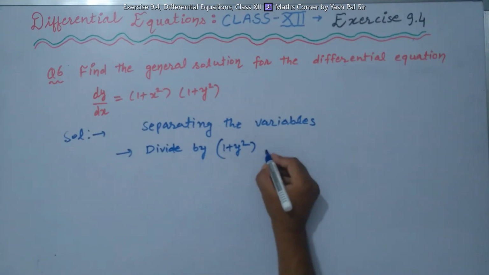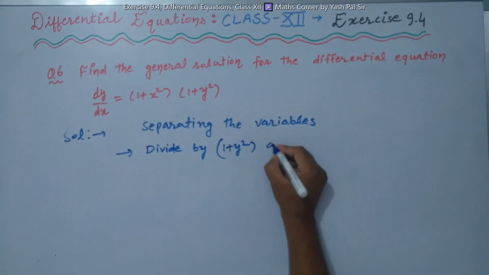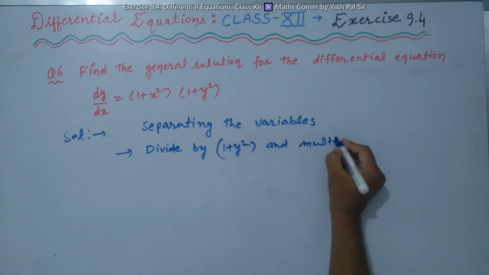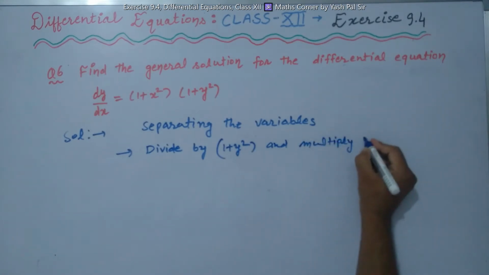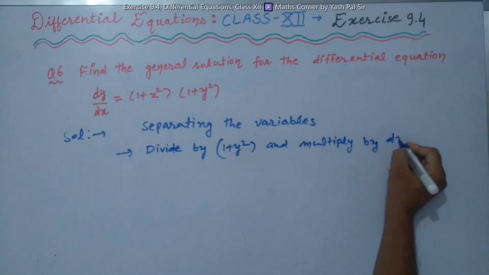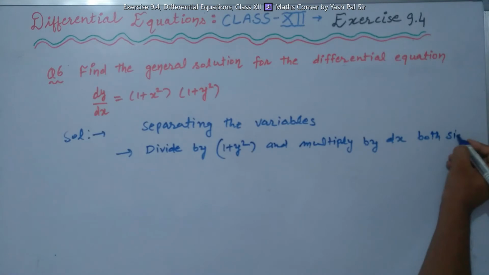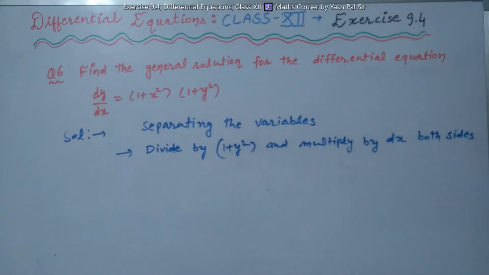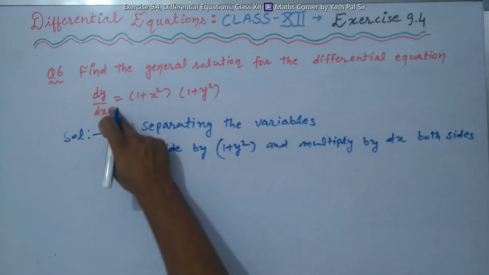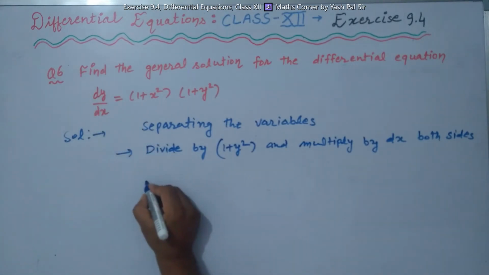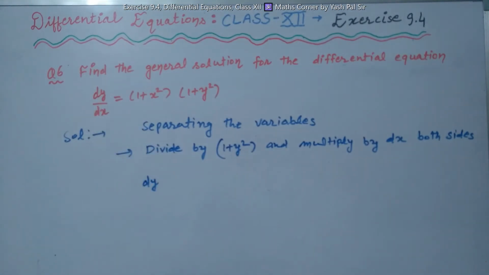Then multiply by dx both sides, okay. So this way if we multiply by dx at left hand side, this will become only dy.